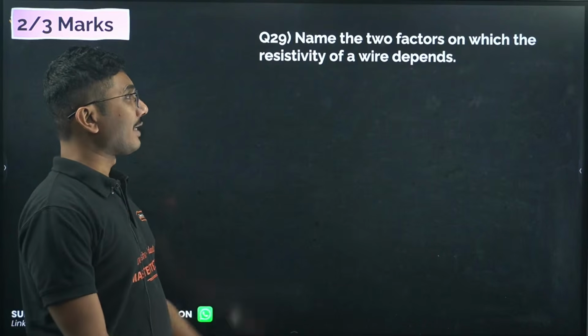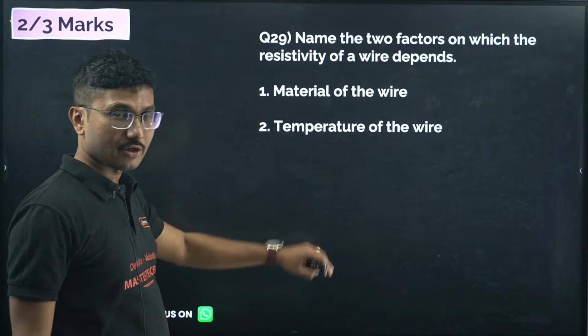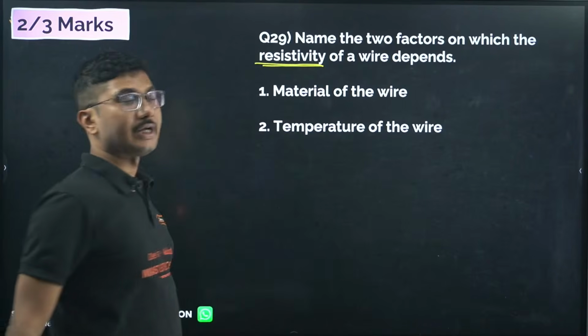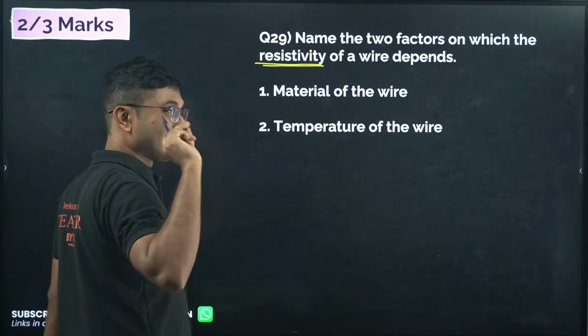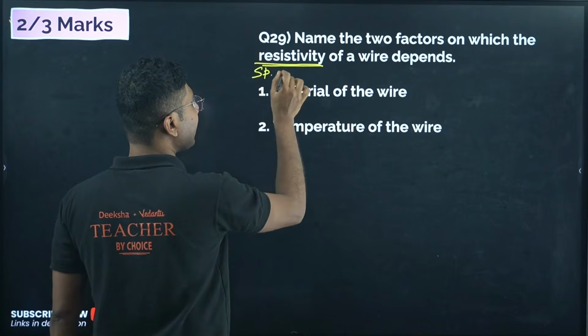Name the two factors on which the resistivity of the wire depends: the material of the wire and the temperature of the wire. This is resistivity, not resistance, so don't make a mistake. One trick just for you: resistivity is also called specific resistance.